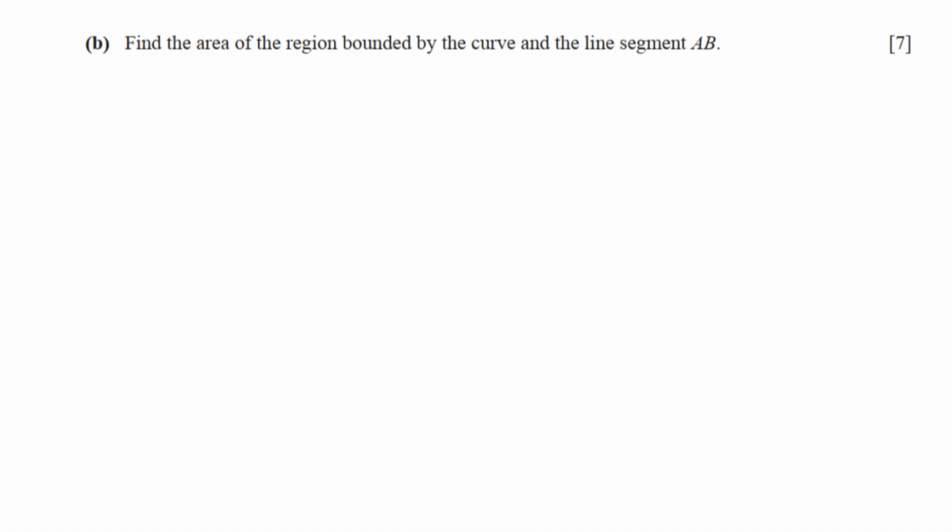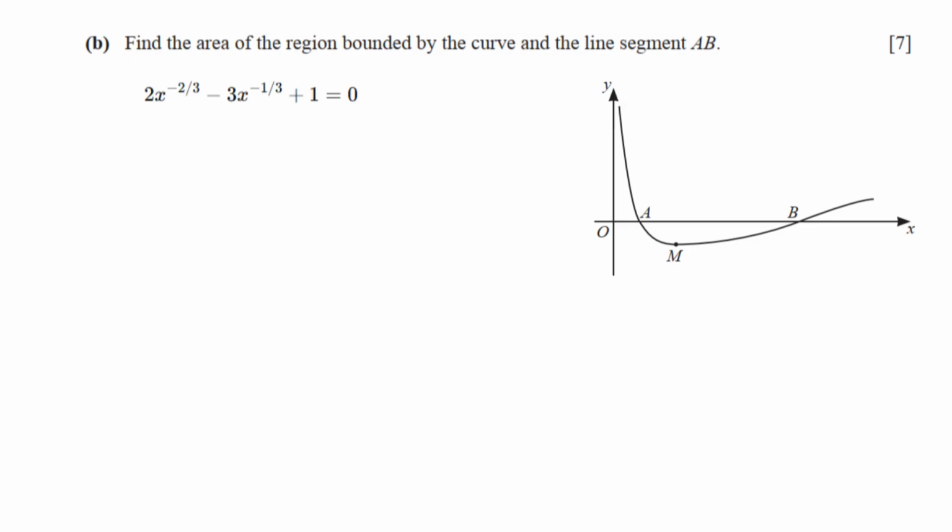Next part of the question is, here the curve and the x-axis intersects, that is y is equal to 0. Substitute this in the curve equation. So we get 2 times x raised to the power minus 2 over 3 minus 3 times x raised to the power negative 1 over 3 plus 1 is equal to 0. To solve this, take u as x power 1 over 3.